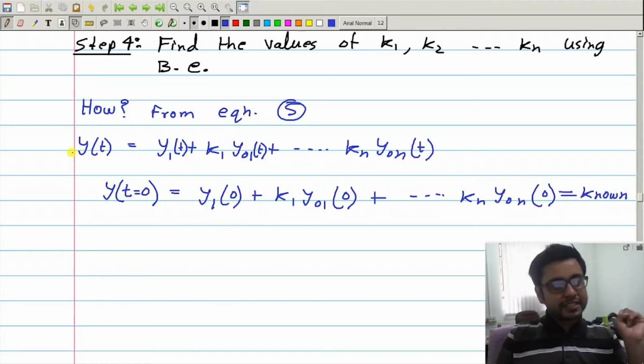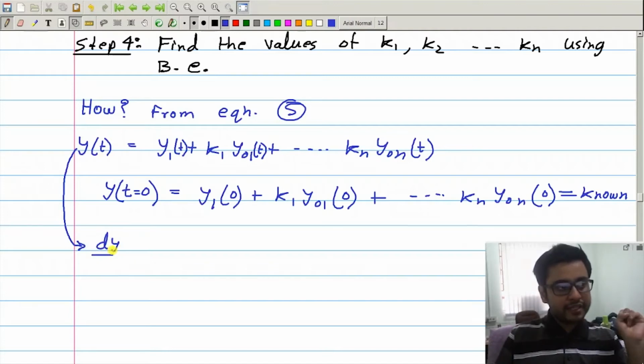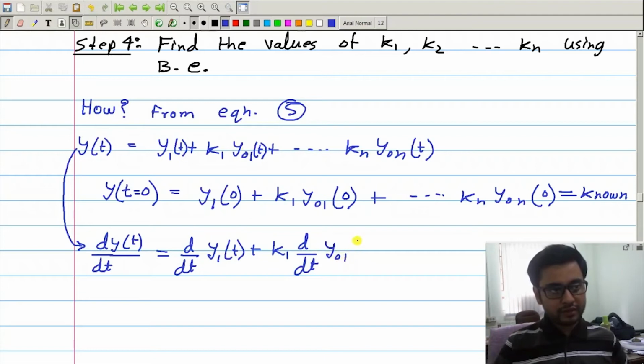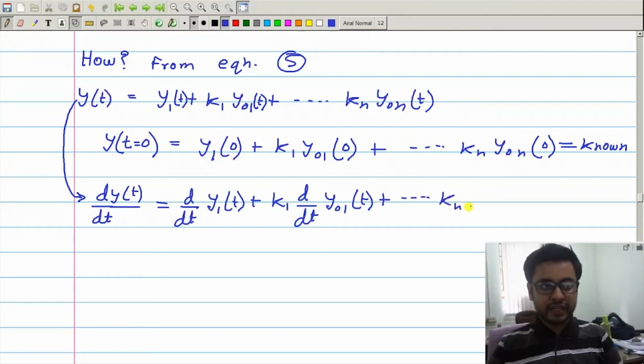right? Next, from here, let us differentiate this equation and write dy/dt is equal to d/dt of y1 plus k1 times d/dt of this term y01 plus other terms up to kn d/dt of y0n.